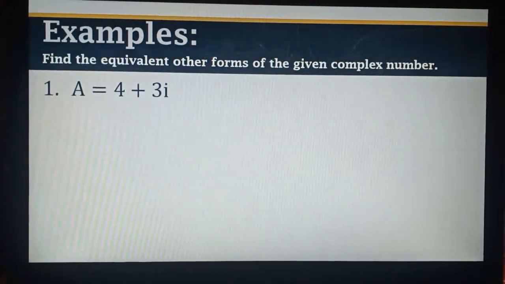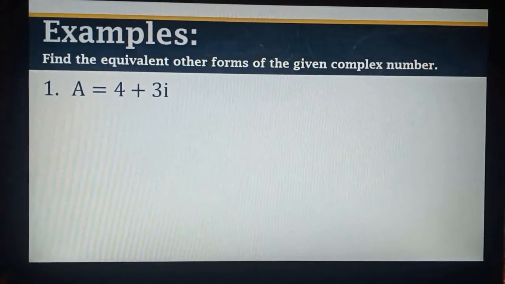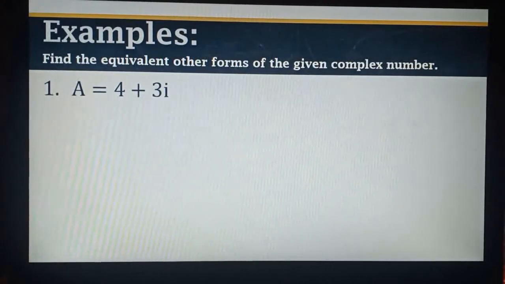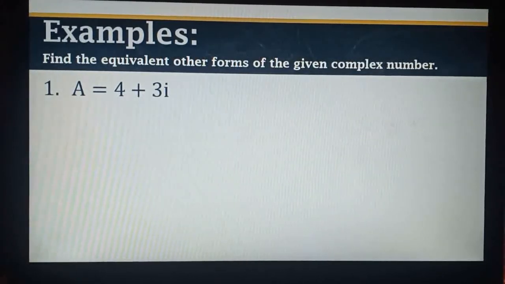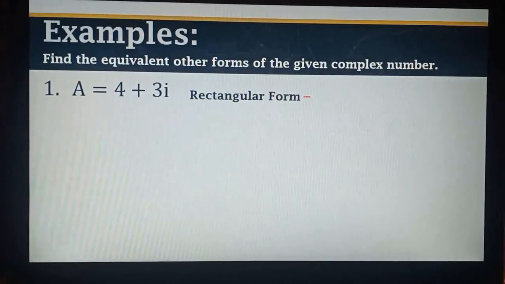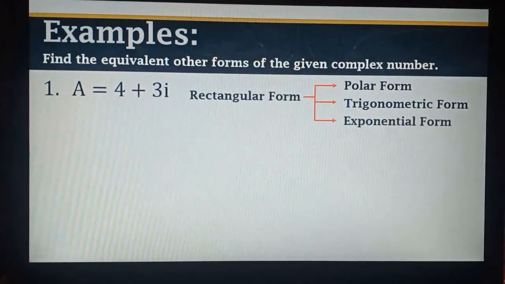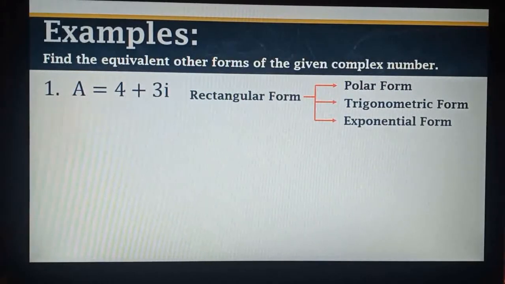So for example, you have to find the equivalent other forms of the given complex number. You were given complex A, which is equal to 4 plus 3i. This is rectangular form. So you have three other forms.